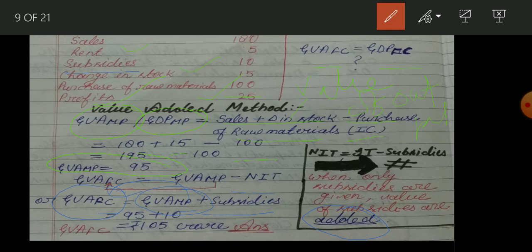So what is the value of subsidy? Subsidy is equal to 10. So when we add 95 plus 10, we get 105, and this is the value of GVA FC, and this is your answer. Okay, so in this way you are able to calculate GVA FC.